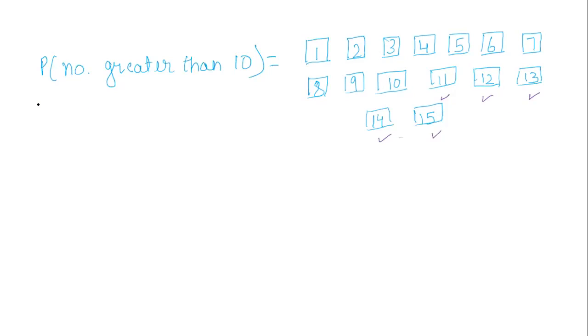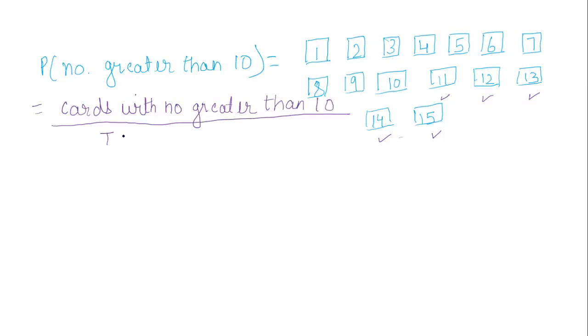So the probability of a card with a number greater than 10 is that number of cards divided by total cards.